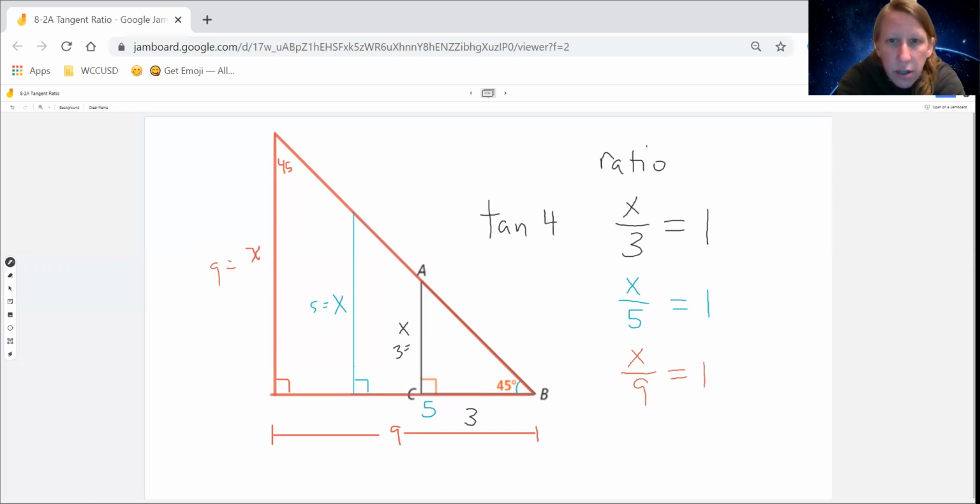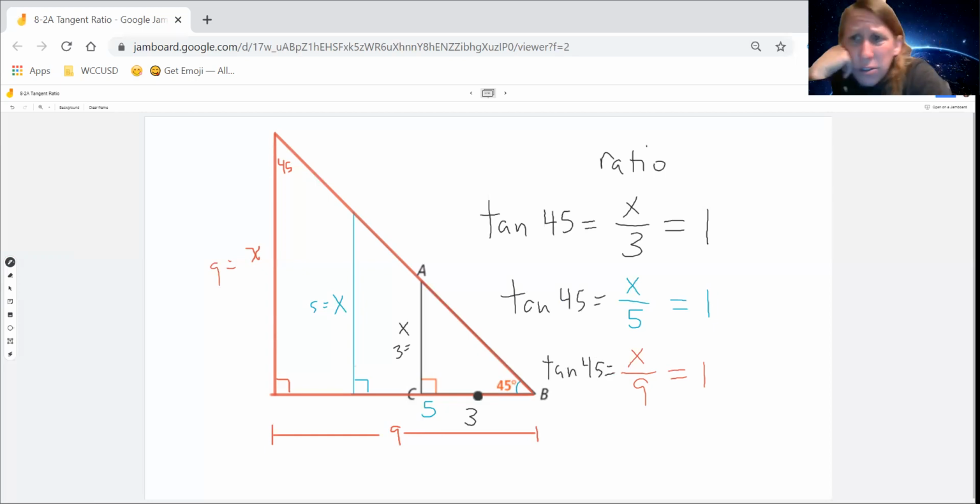So the tangent of a 45-degree angle is 1. The tangent of this 45-degree angle is 1. The tangent of that big 45-degree angle, well, all 45-degree angles are 45-degree angles. So it doesn't matter what size triangle you have, the tangent of a 45-degree angle is always going to be 1.